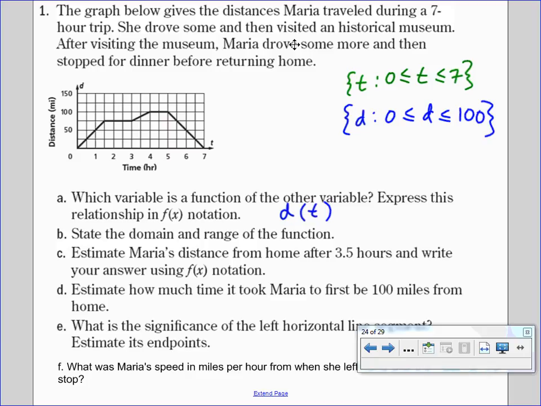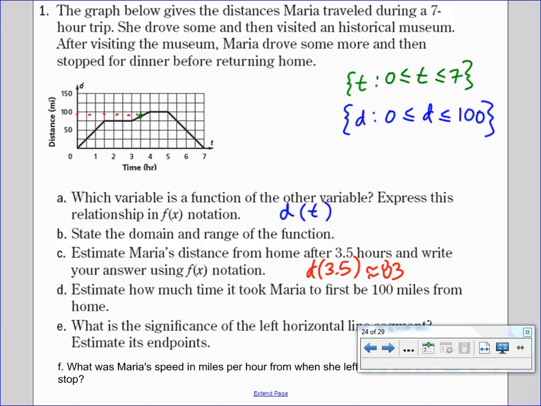Estimate Maria's distance from home after 3.5 hours. Go to the graph. When T equals 3.5 hours, how far away from home is Maria? I would guess about 83 miles. So I went to 3.5 hours and jumped on the graph and asked what distance is 3.5 hours paired with.